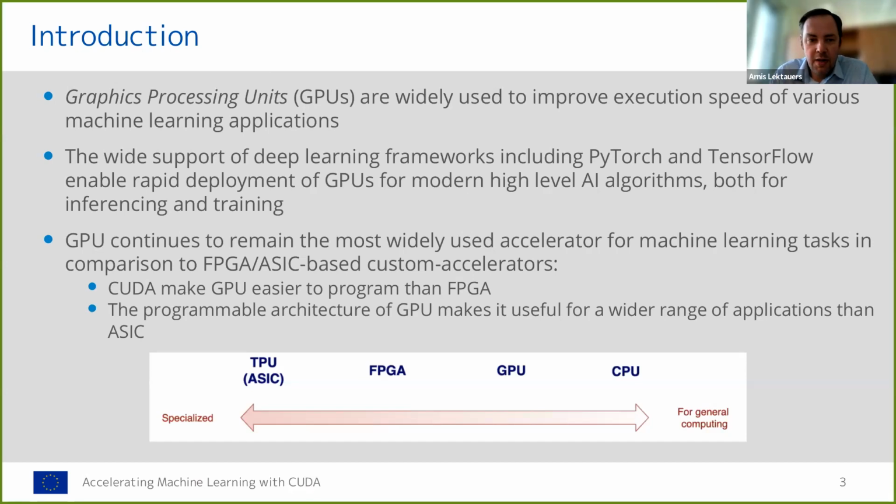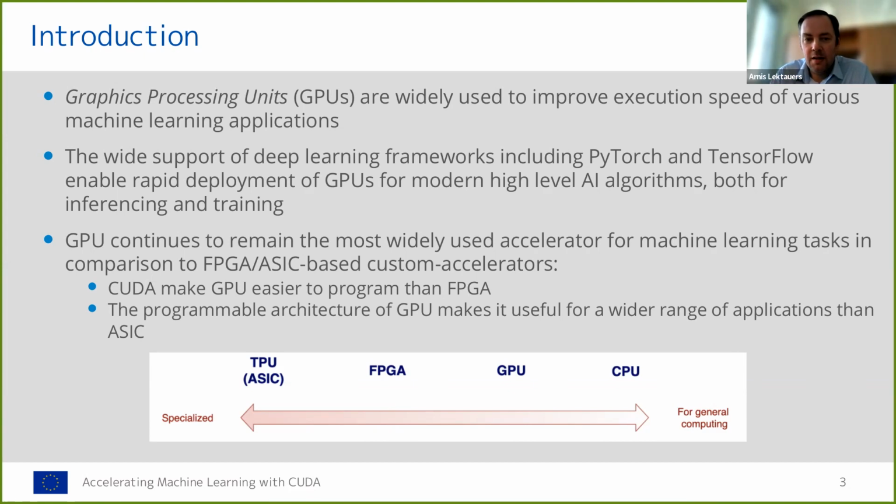Of course, today there exist different technological solutions in the market, not only GPUs and CPUs, but also more specialized solutions, including FPGAs or TPUs, for example Google Tensor Processing Units, and so on.